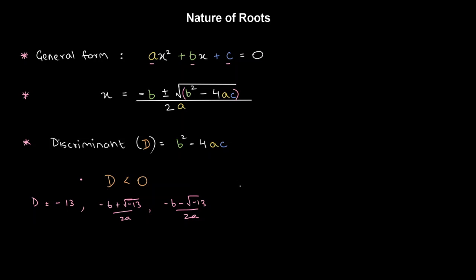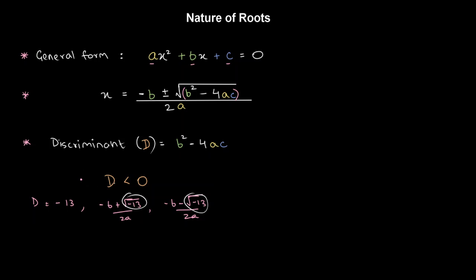Now note one thing, we have negative values under the square root sign, and such numbers with negative values under the square root sign are called imaginary numbers.